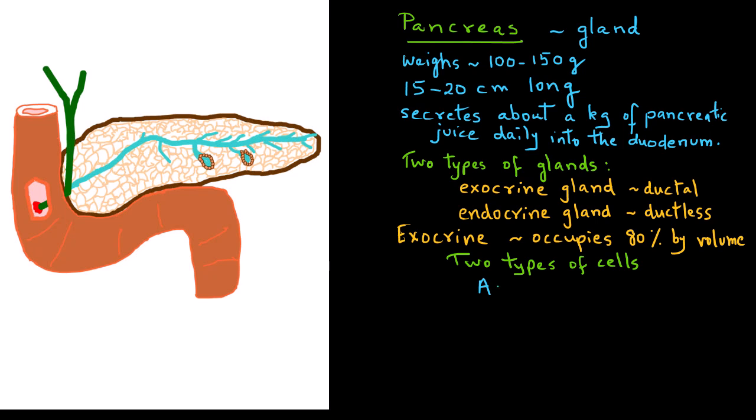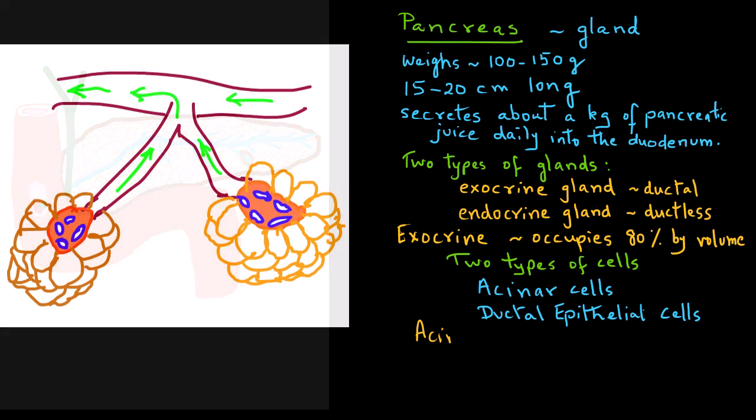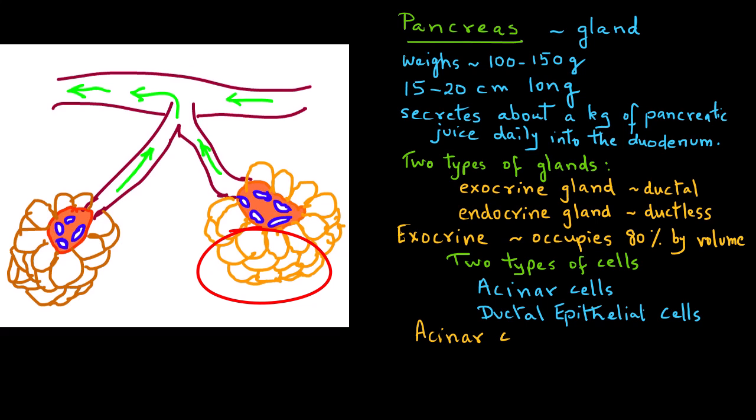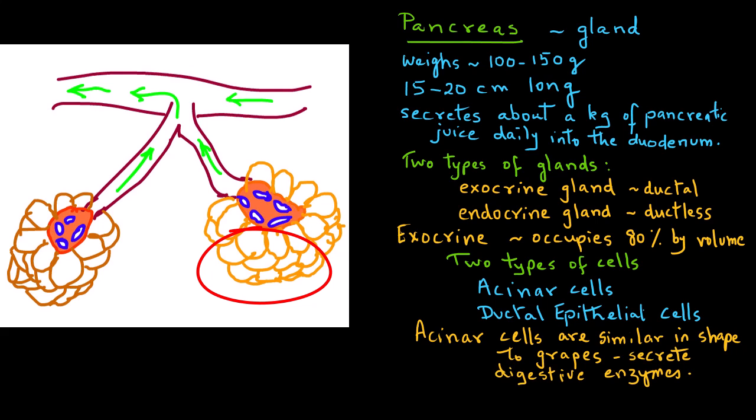The first type is the acinar cells, and the second are the ductal epithelial cells. As we can see in this expanded diagram, the acinar cells are similar in shape to grapes or berries, and they secrete the digestive enzymes.